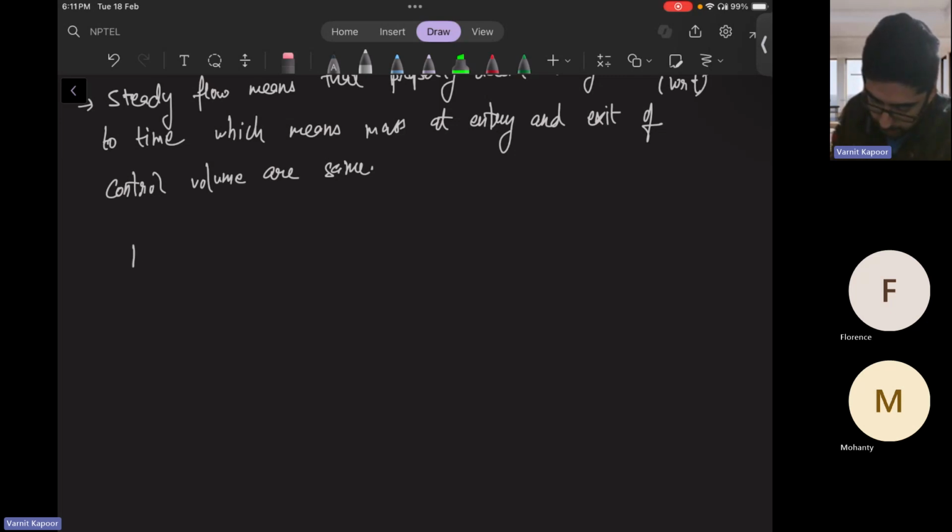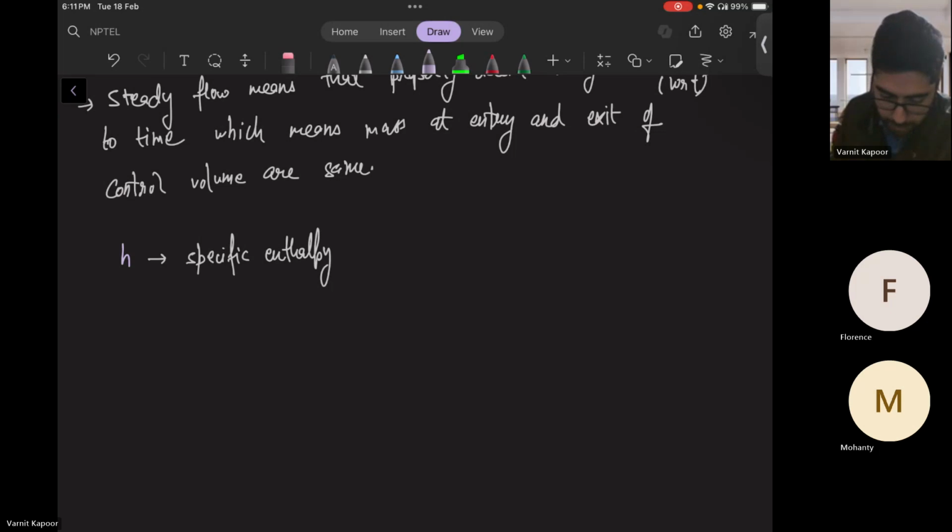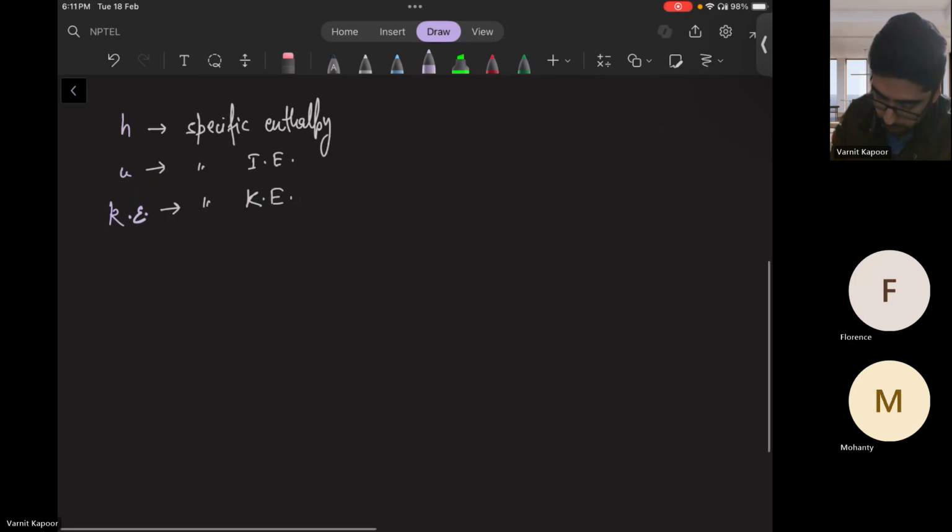So here h is basically specific enthalpy. Then u is specific internal energy. Then ke is specific kinetic energy, written in small case.